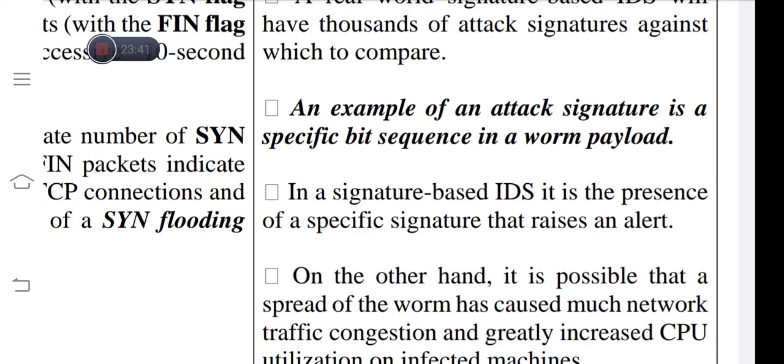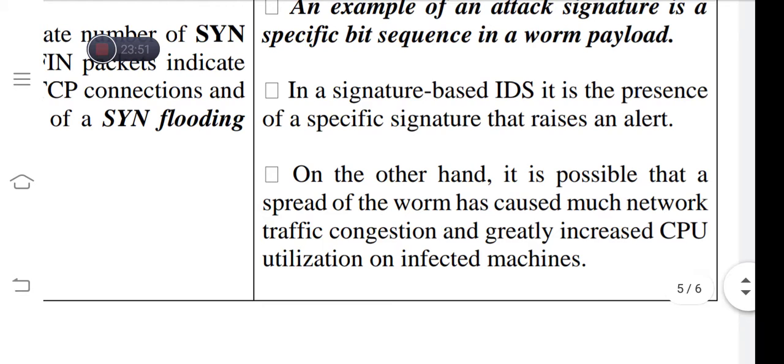If that behavior matches the patterns present in the database, then the signature based IDS raises an alert. On the other hand, it is also possible that a spread of the worm has caused much network traffic congestion. Due to this, there will be a greatly increased CPU utilization on infected machines also.